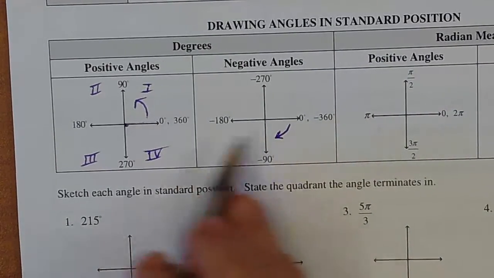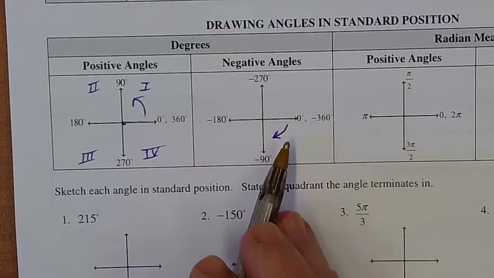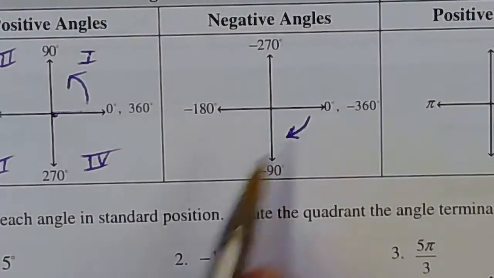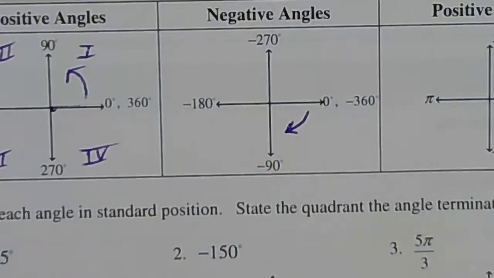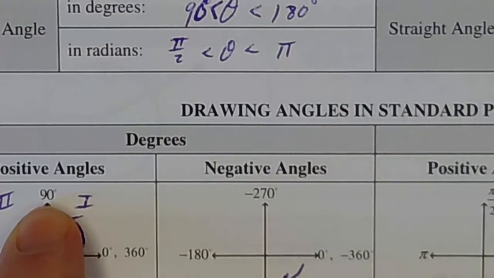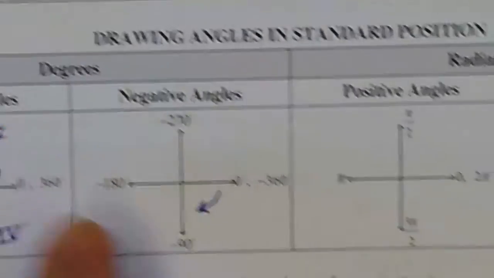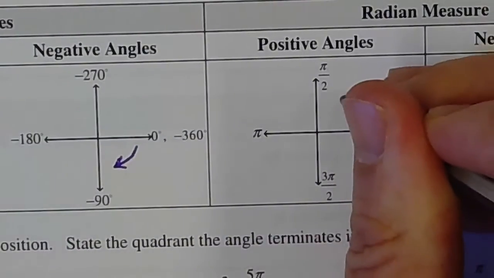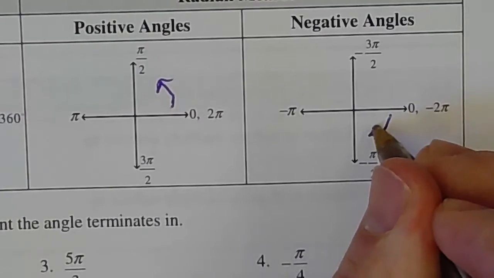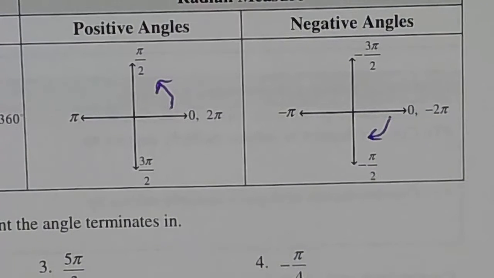Maybe you want to write that too. Positive angles counterclockwise, negative angles clockwise. Okay. Same thing over here. We just labeled it so that you get used to these. 90 degrees is pi over 2, as we wrote down up there. So it's still going to rotate the same direction in radian measurement for positive and negative angles.